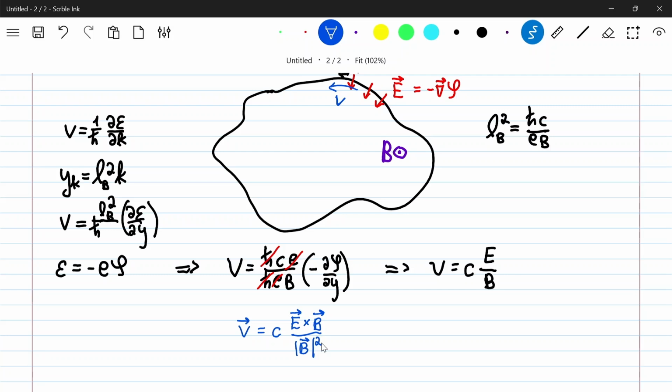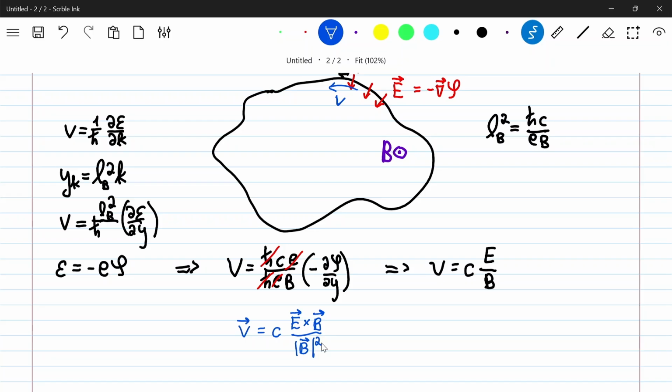This is the so-called E cross B drift. When I have a charged fluid, a fluid of charged particles, in a magnetic field and electric field that are perpendicular to each other, I get a velocity which is perpendicular to both.